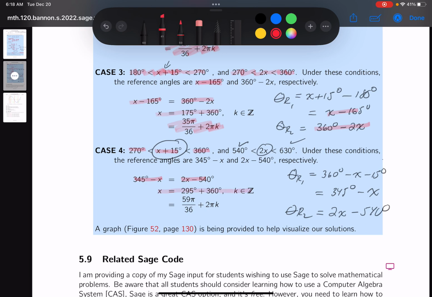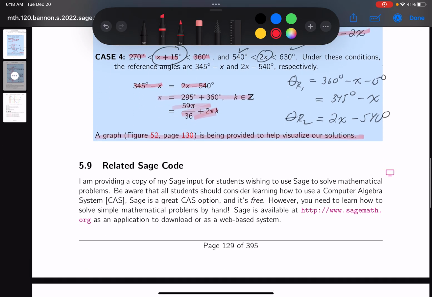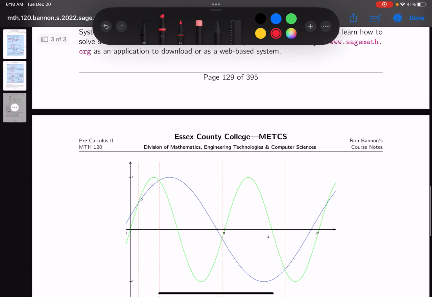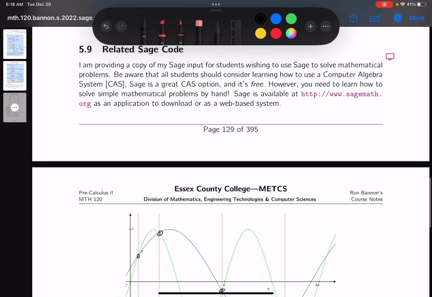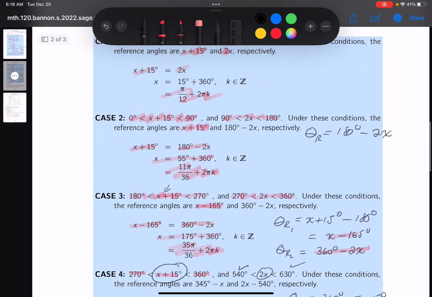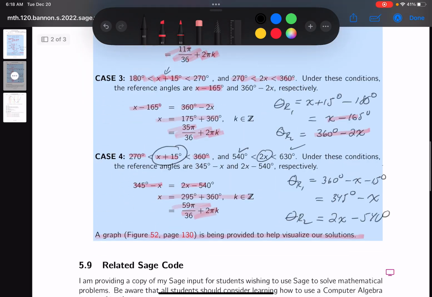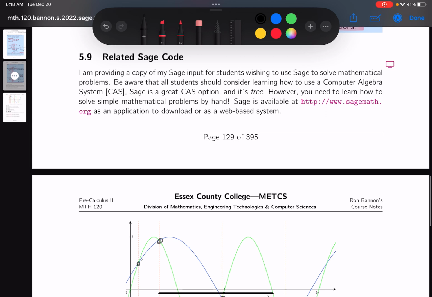You'll get this over here, convert it to radian, all right? I also provide a graph for you to help visualize those solutions, by the way. So let's take a look at the graph, and we're expecting to see 4 points of intersection here, here, here, and here. And to write the degree measures down for those, the first degree measure I get is 15 degrees.